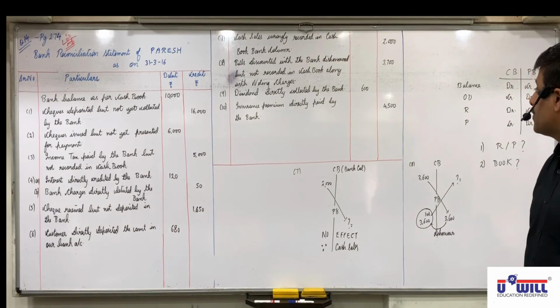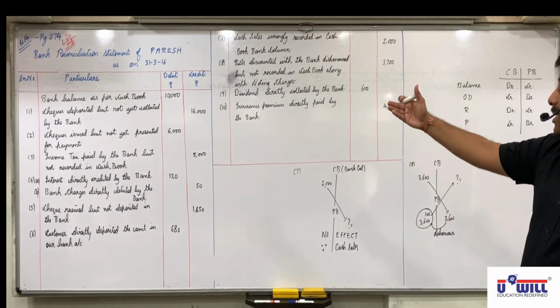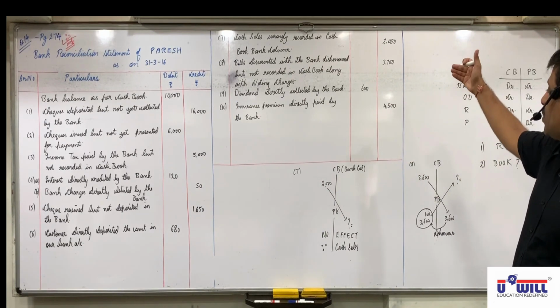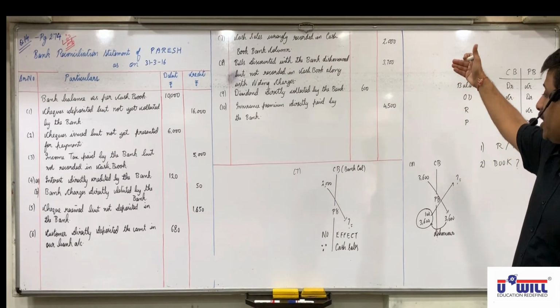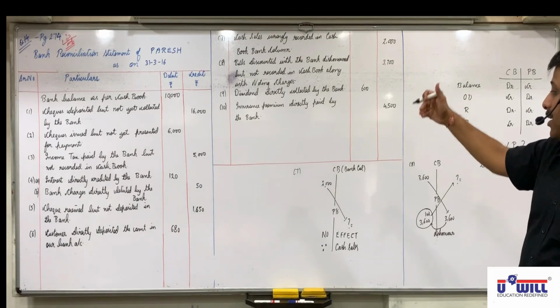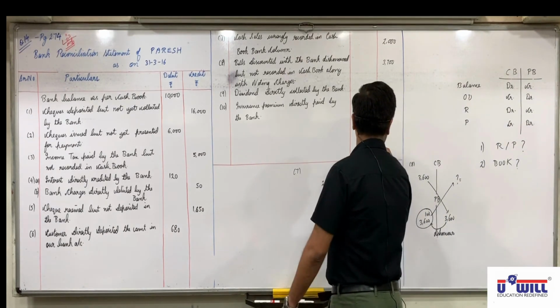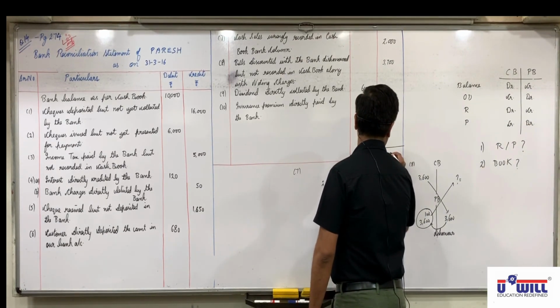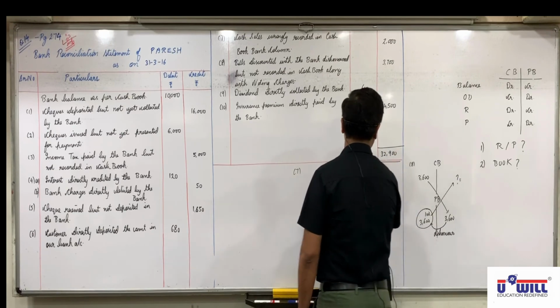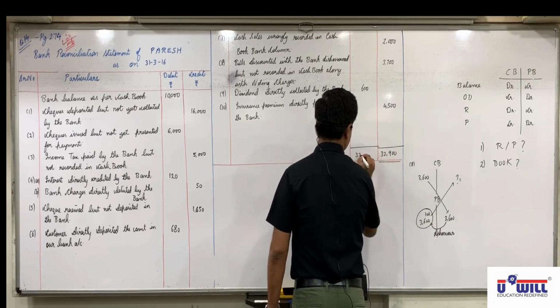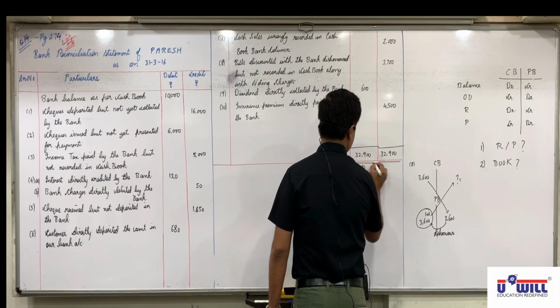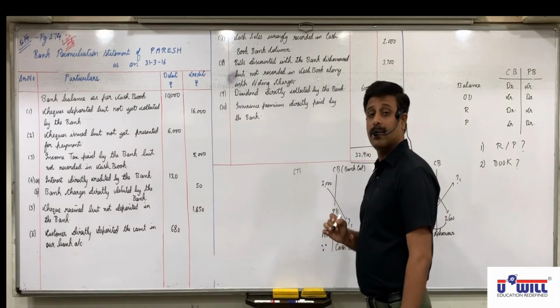Any doubts with this? Credit is more. 16, 21, 22, 24, 27, 31, 32, 200, 800, 900, 32, 900. Right, 32, 900 on both the sides. Yes?